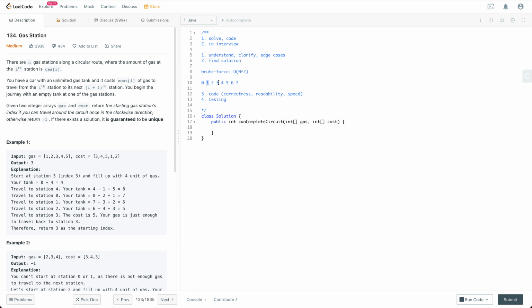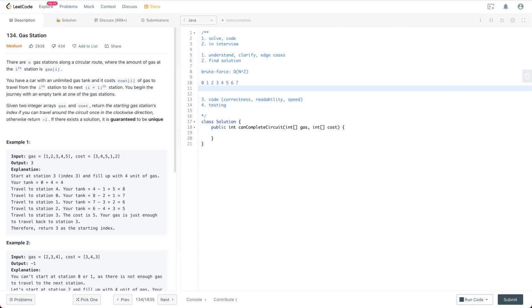So we actually don't need to restart from 1, but instead we could just start where we fail, which means we just start from 4 and then continue to do the rest of the work. If at the end the total gas minus the total cost is larger than or equal to 0, then we actually find a start point from which we can manage this travel. That's my thinking about the solution.